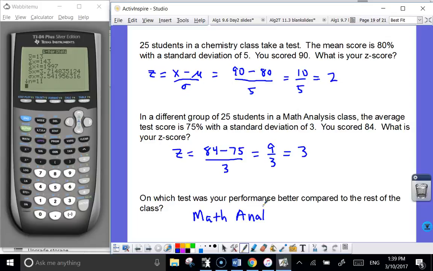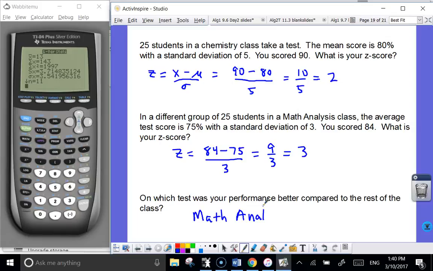Now, you would probably rather get a 90% than an 84 on a test, because in the end, you're measuring the same kind of thing. But where this can come into play is if you're trying to measure things that are on completely different scales and figure out which is a better performance.